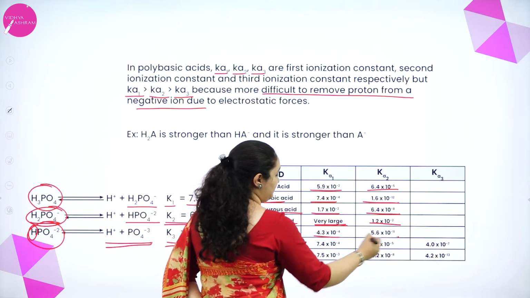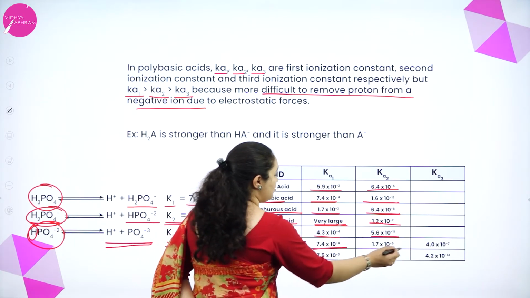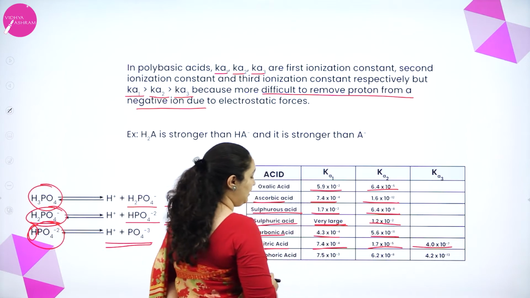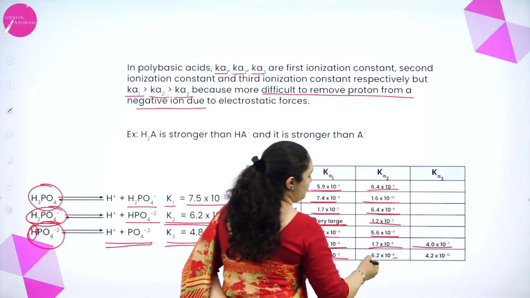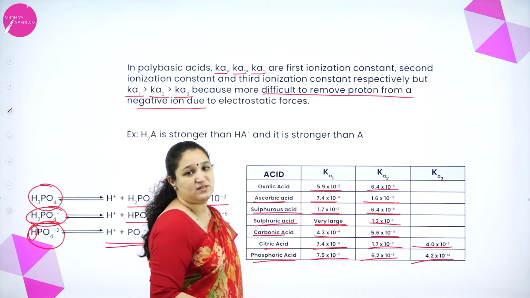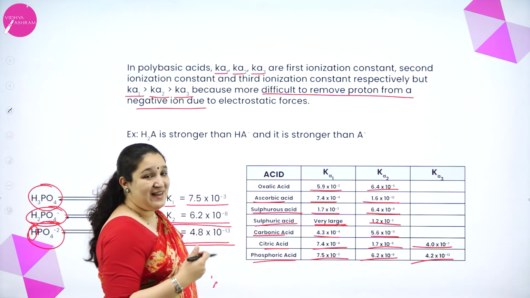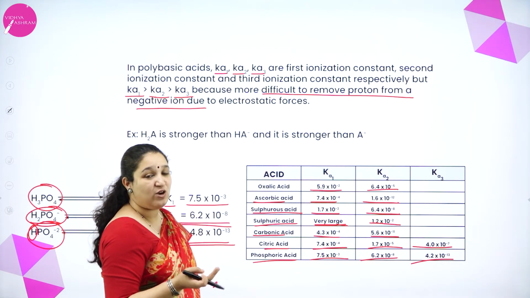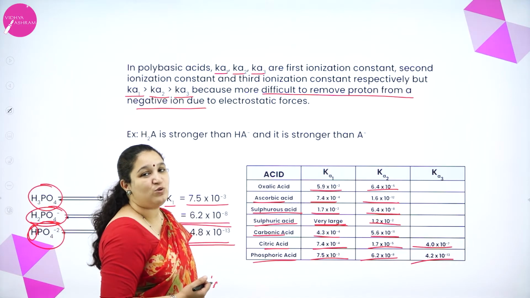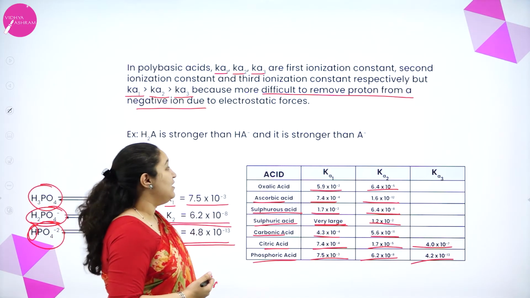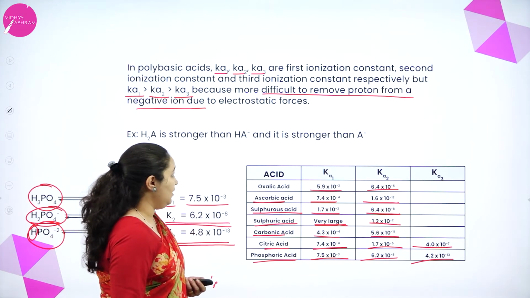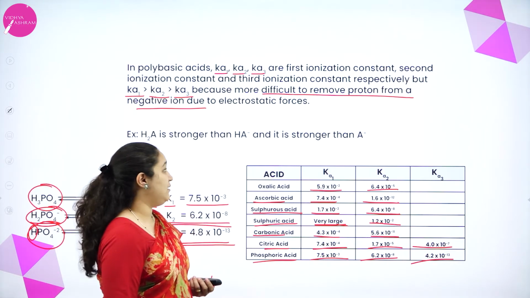Carbonic acid difference, citric acid also you can see 3 differences, phosphoric acid also there is a lot of difference. Okay. So as it is difficult to remove an H plus ion from an anion, the Ka value goes on decreasing. Fine. So that's about polybasic acids and polyacidic bases.